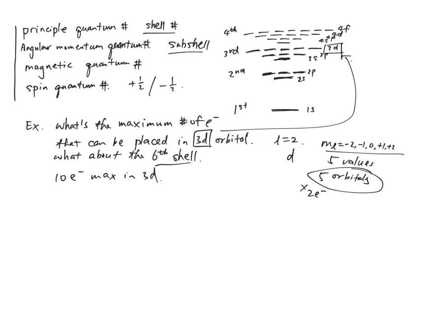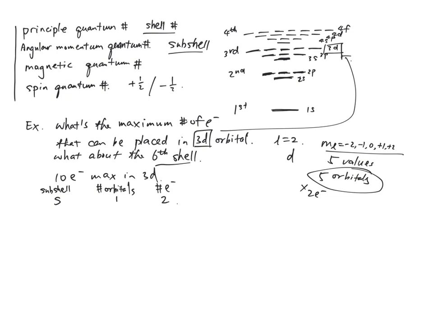Each subshell would have a certain number of orbitals and a number of electrons.